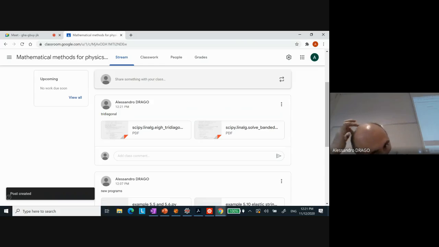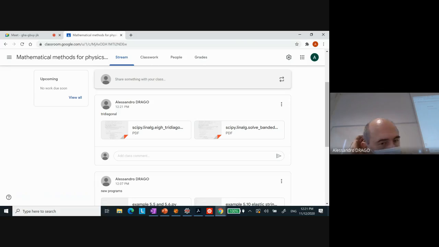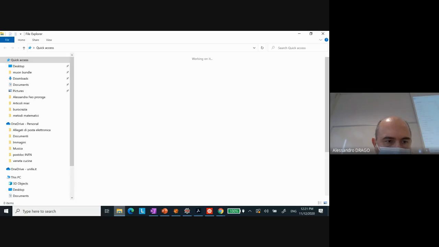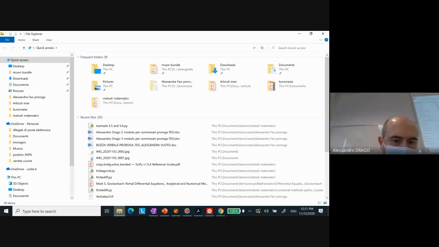Okay. So these are two little routines that are explicitly using the fact that we are not dealing with generic matrices. So for instance, let's open this tridiagonal one. Maybe it's even already open. No, sorry, let me open it somewhere.